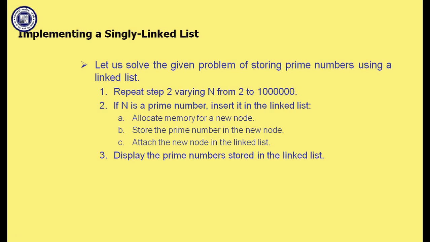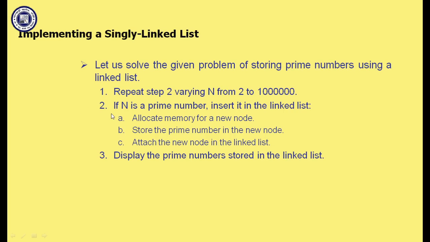Now here we have a problem for you, which we will discuss in the next session. Let us solve the given problem of storing prime numbers, which we had already discussed, using a linked list. Here we have the algorithm which implements a linked list. Repeat step number 2, varying n from 2 to 10 lakhs.